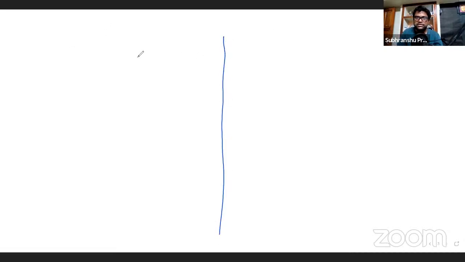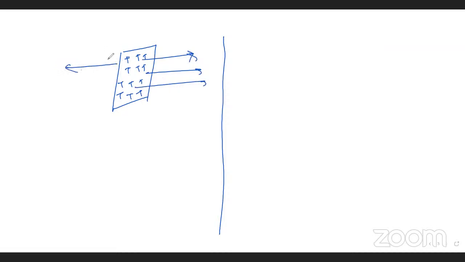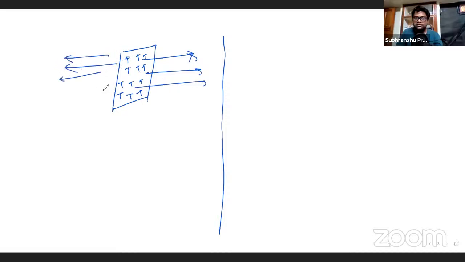Let's say this is a plane sheet and it is charged. Charges are kept over it, so it will create some electric field. There will be field on both sides. These are the electric fields due to the charge.